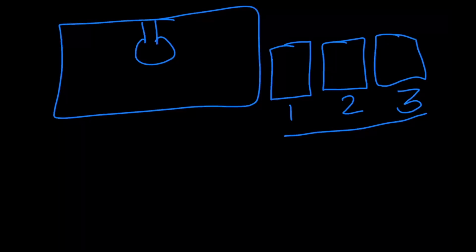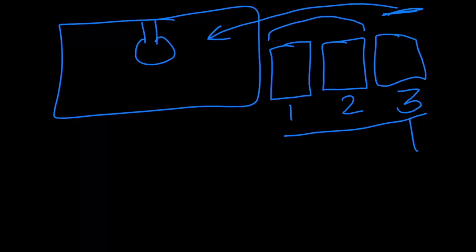You can go from 3 to 1 in 2 turns, right? Let's say you switch on number 3 and go inside and check if the bulb is on or off. If it's on, then you know 3 is the answer. If it's off, then we know that it's among 1 and 2.